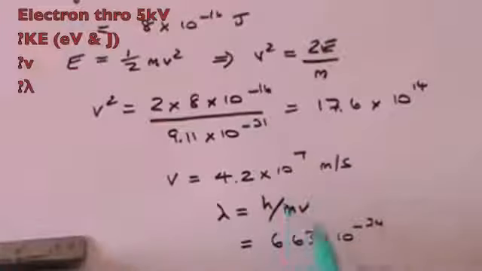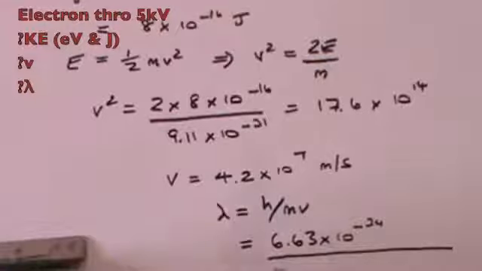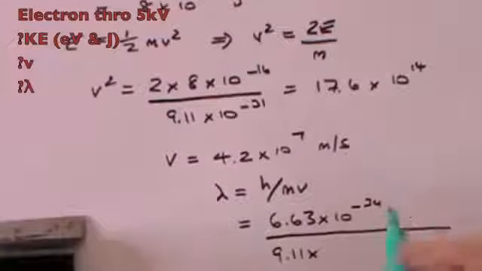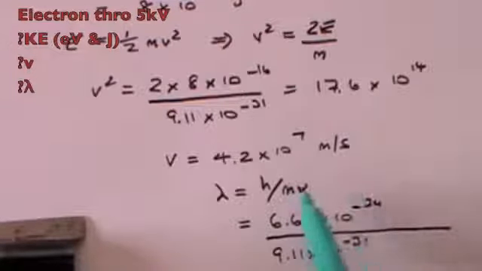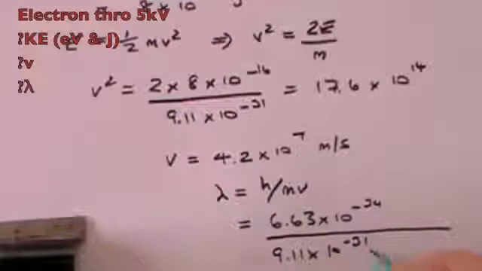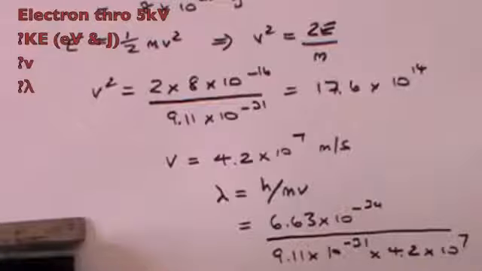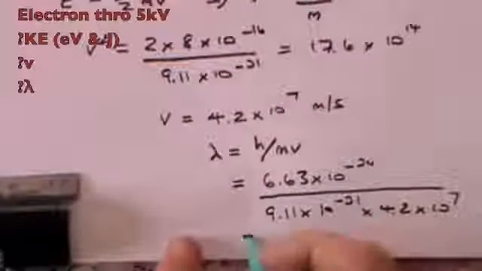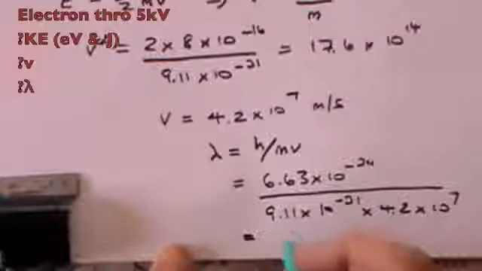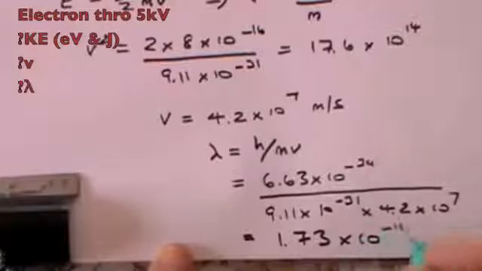That of course is Planck's constant, divided by the mass of the electron, which we know is 9.11 times 10 to the minus 31, times the velocity, which we just calculated, 4.2 times 10 to the 7. And if you work that out, I think you should find that that comes to a wavelength of 1.73 times 10 to the minus 11 meters.